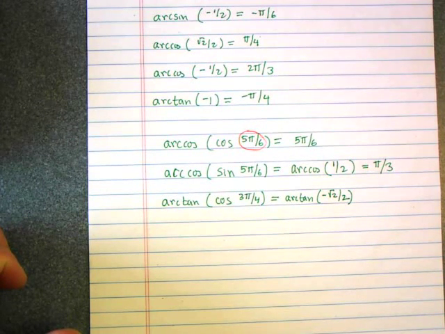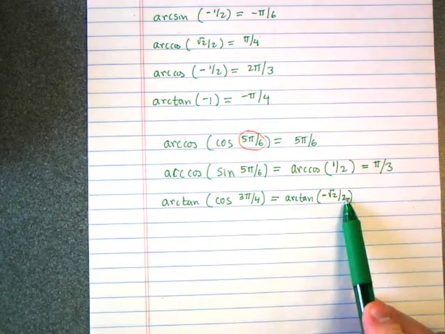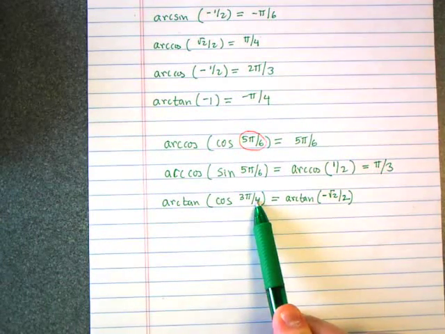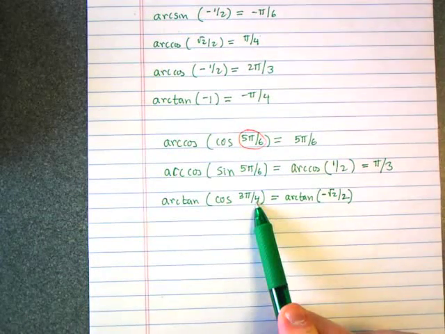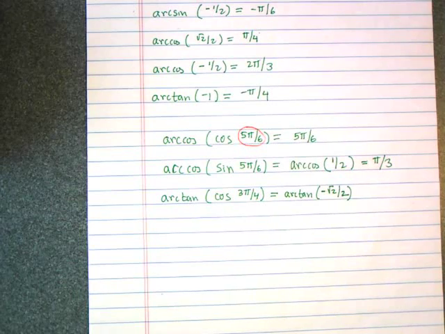No. All right, first off, how did you get negative square root of 2 over 2? 3 pi over 4 is in the second quadrant. The reference is pi over 4, so it's square root of 2 over 2. Cosine in the second quadrant is negative. All right, so what's the arc tangent of negative square root of 2 over 2?